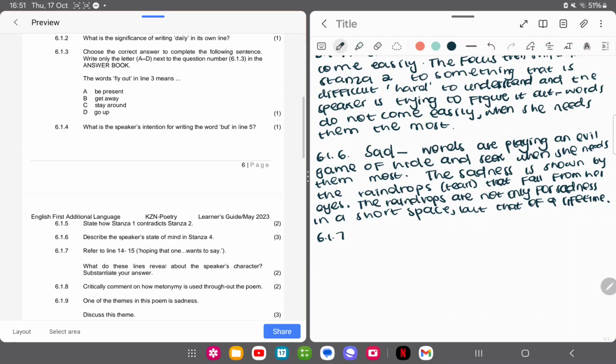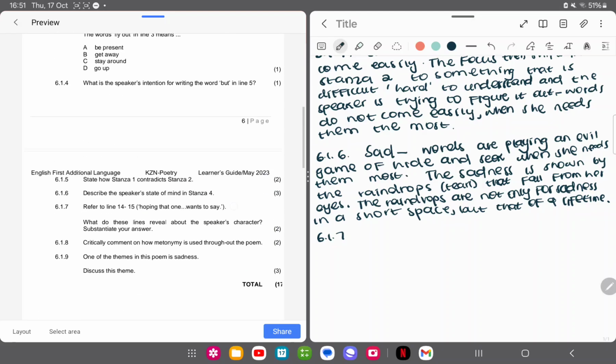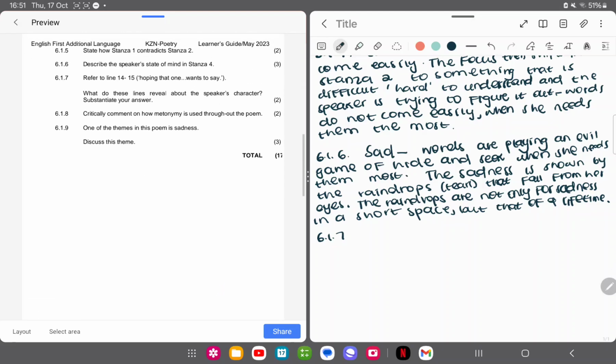Lines 14 and 15 say that, hoping that one day words will realize what my heart wants to say. So the question says, what do these lines reveal about the speaker's character? We can say that the speaker is hopeful, or we can say that she is optimistic, or we can say she is positive.